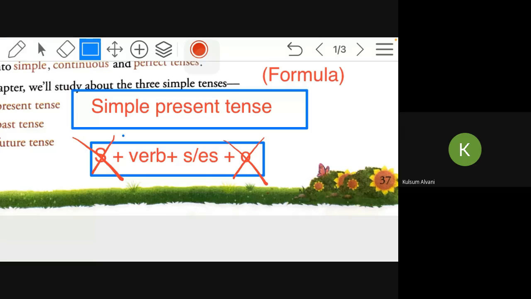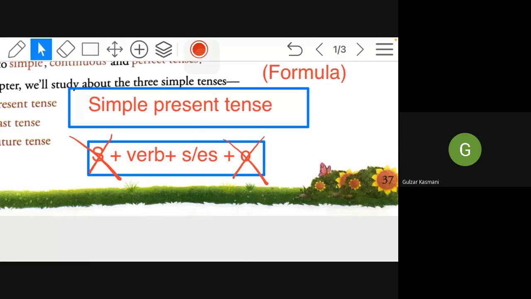Only you will have to play with the verb part. The verb will be added by a helping verb, but you never have to touch the subject or object of the sentence. Am I clear? Yes, sir.